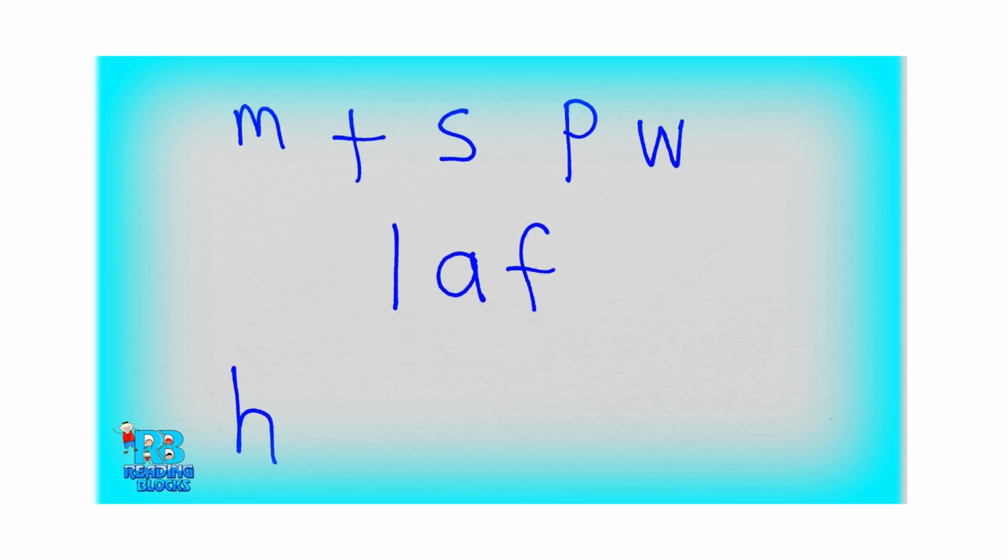Very good. Now if we change our word family, let's take our f and move it up here. And what do we want? Let's take our l and move it over here. Okay, now what do we have?